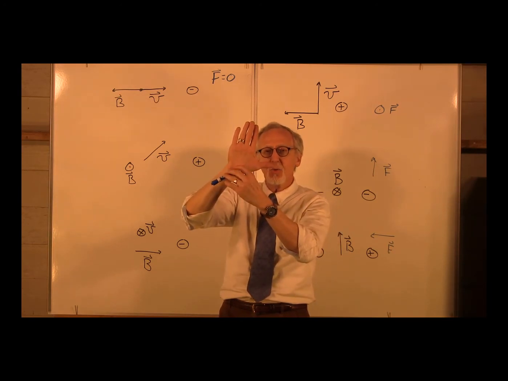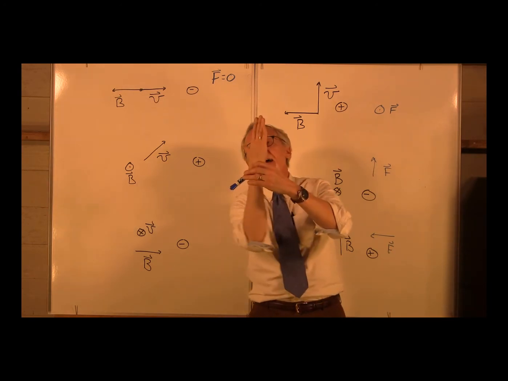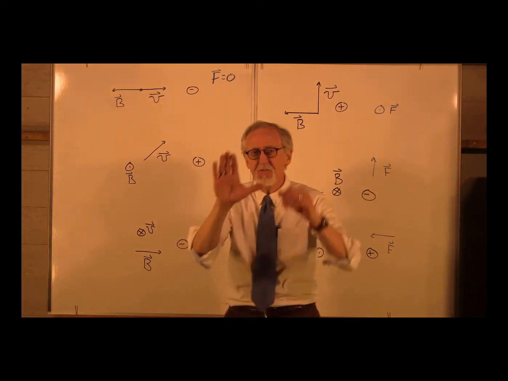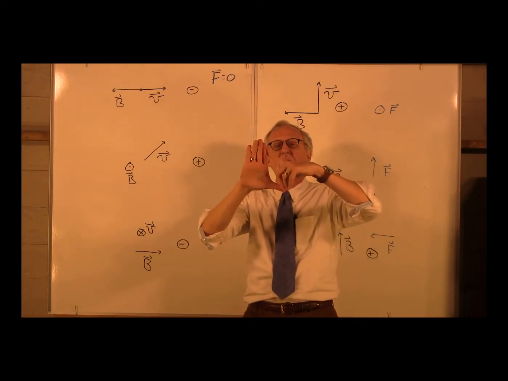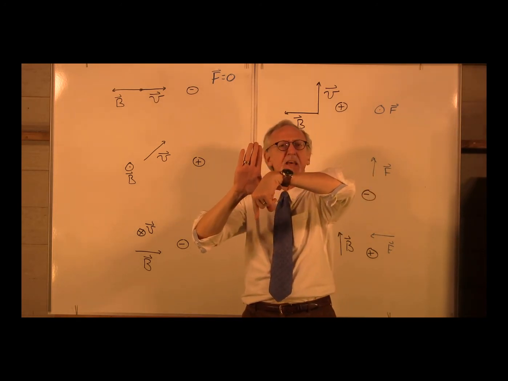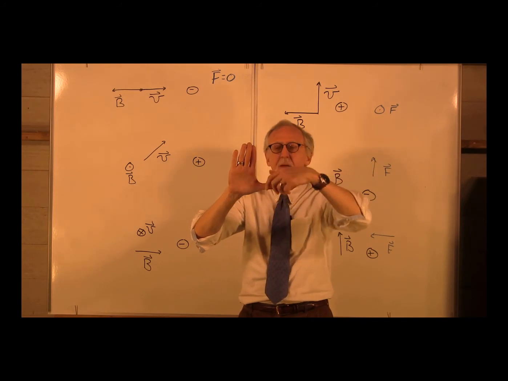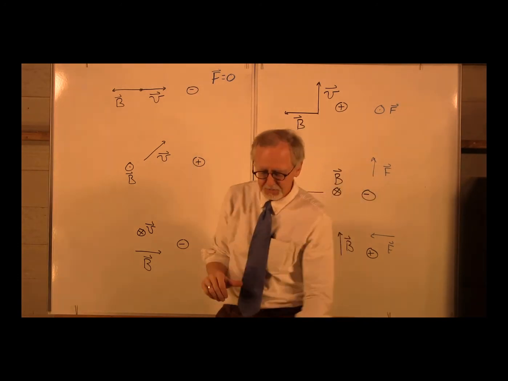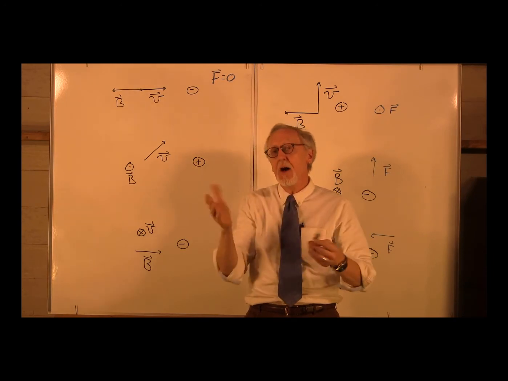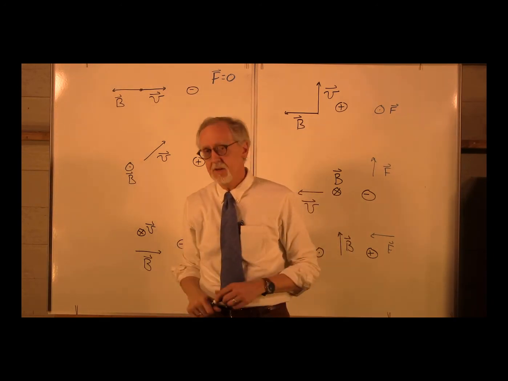Not past this way, because if it were over this way, you'd actually turn your palm over. But you have to imagine that you could almost stretch your thumb to be in the opposite direction of your fingers, 179 degrees, say. But not in the completely opposite direction, because if the velocity were actually opposite your fingers, that would be 180 degrees, and there would be 0 force.